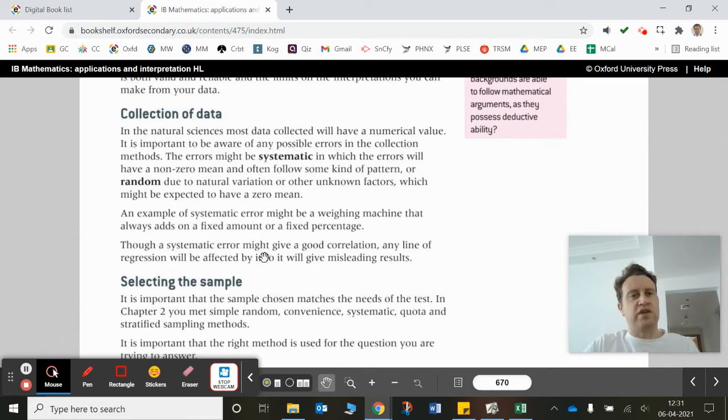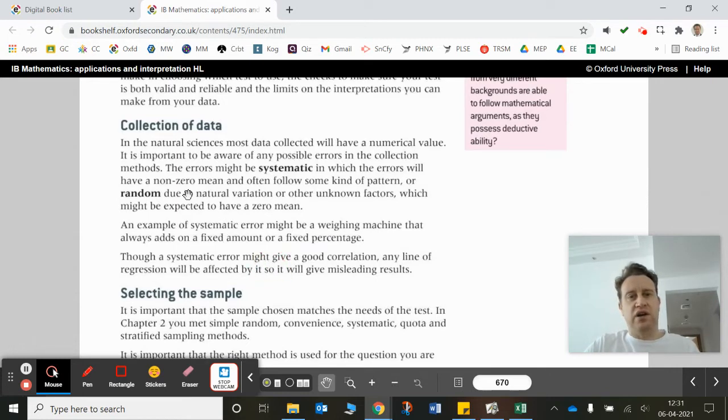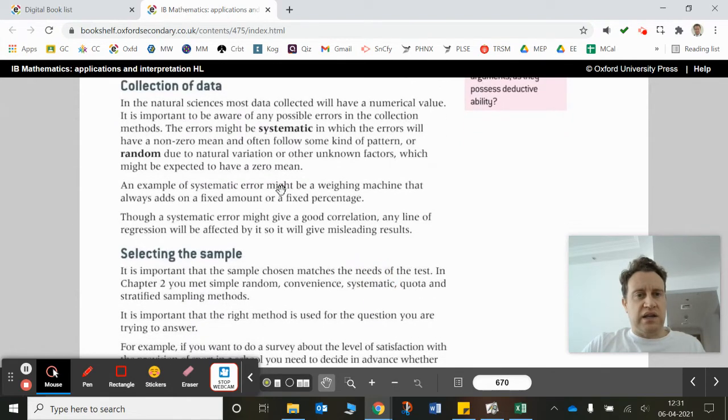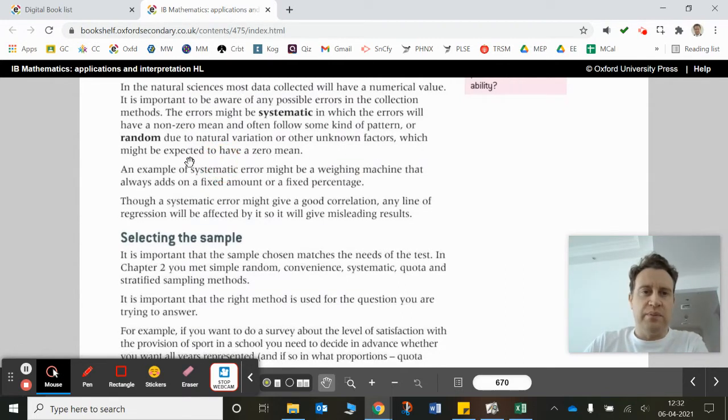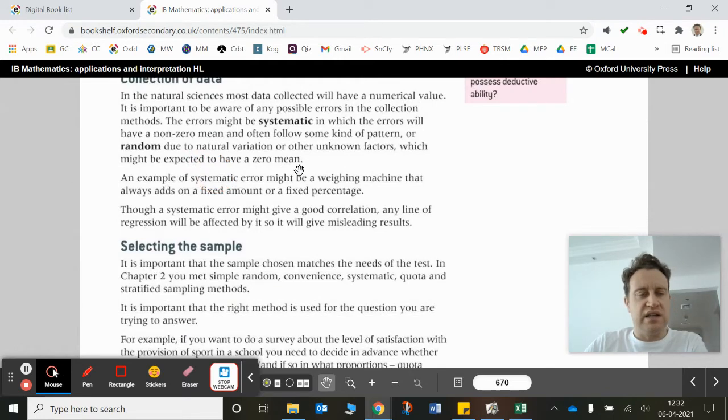So there could be non-random errors, for example, in how your data is collected, or it could be random due to natural variation or other unknown factors, which might be expected to have a zero mean.